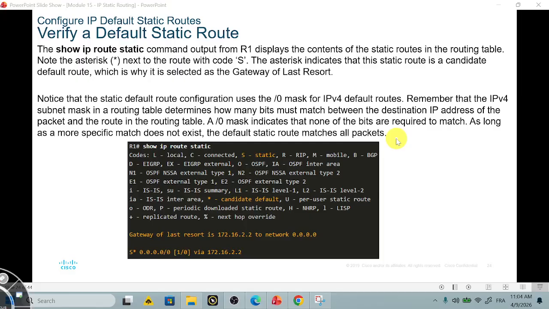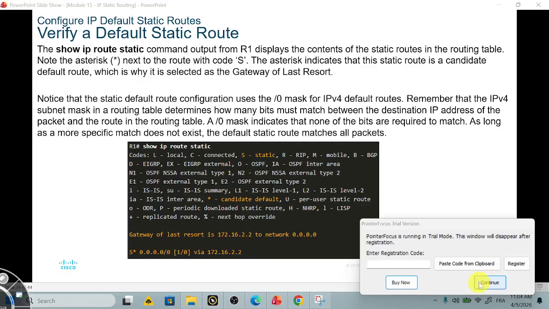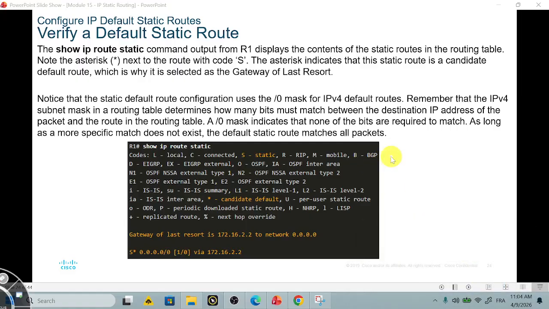But if we add /0 here in the address, it means that we need 0 bits to match. So it can forward or transmit or route any address. We don't require zero matchings.